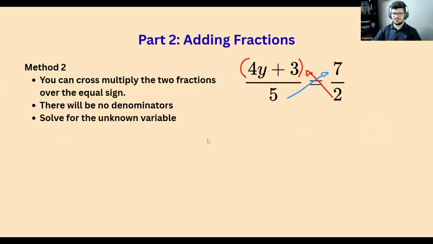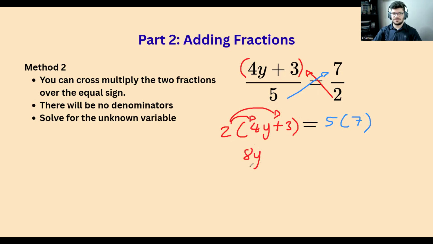5 times 7. Let's do the operation. Then you can see the picture. Let me write it like this so you can see what it looks like mathematically. I'm going to do it in black to show you that we introduce the equal sign immediately after we do the first multiplication, 5 times 7. So 2 times 4y, we open the bracket. 8y plus 6.